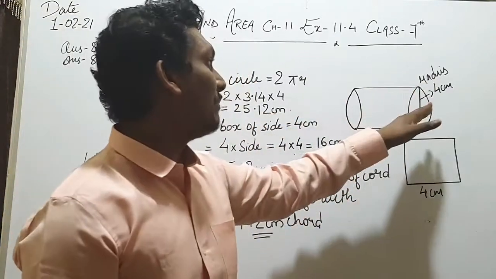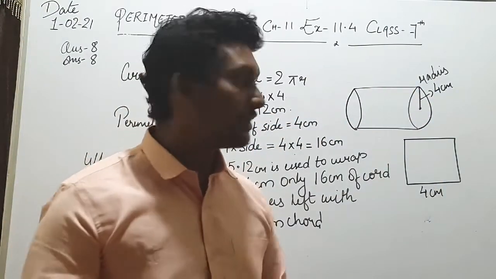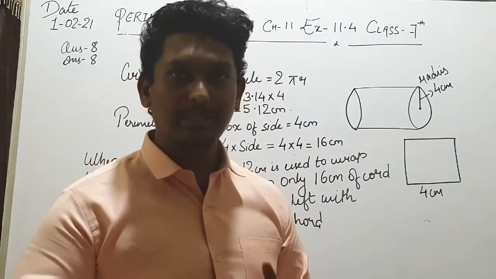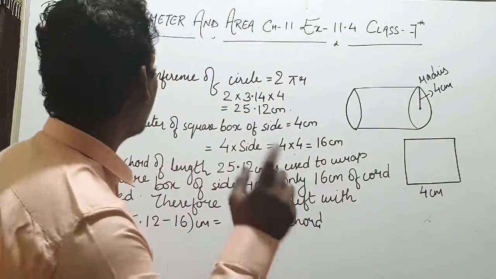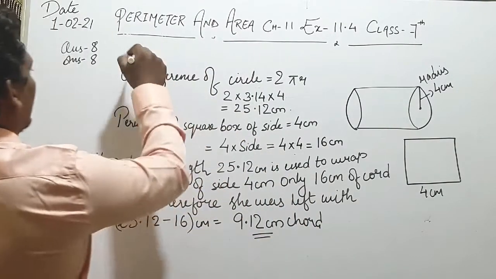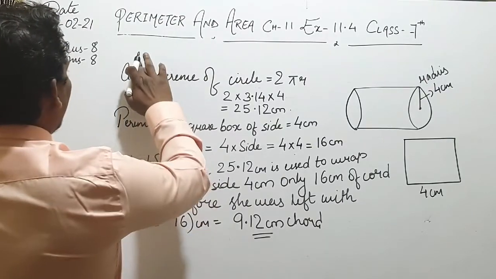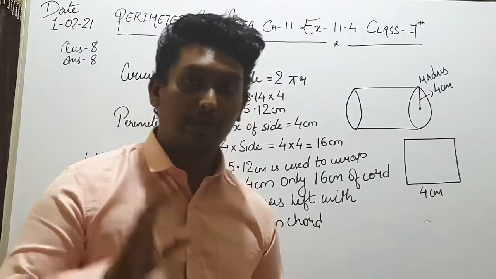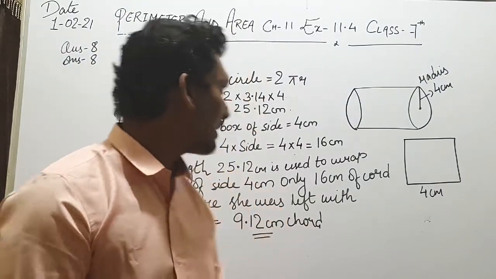Since she is wrapping a circular pipe whose radius is given, she is wrapping the circular pipe completely. So here we are going to find the circumference of the circle. The formula is 2 pi r, where the value of pi is given as 3.14 in the question.